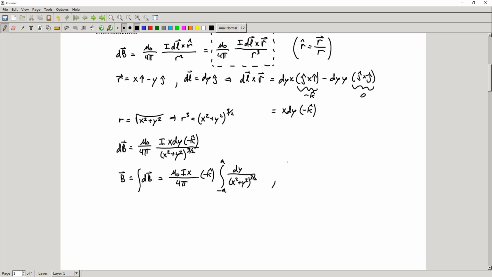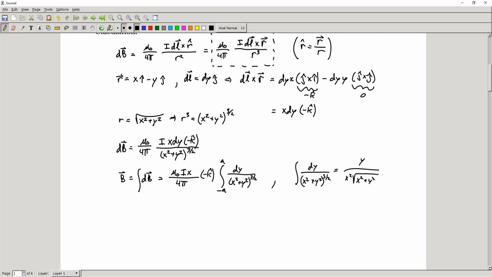In the formula sheet, we see that we have the indefinite integral dy over x squared plus y squared to the 3 over 2, and we know that this gives us y over x squared times the square root of x squared plus y squared.